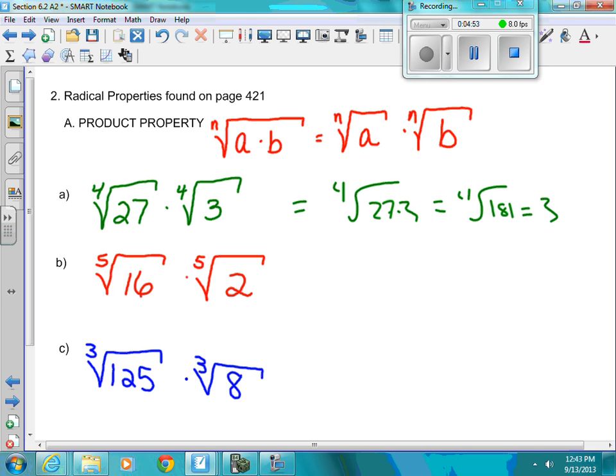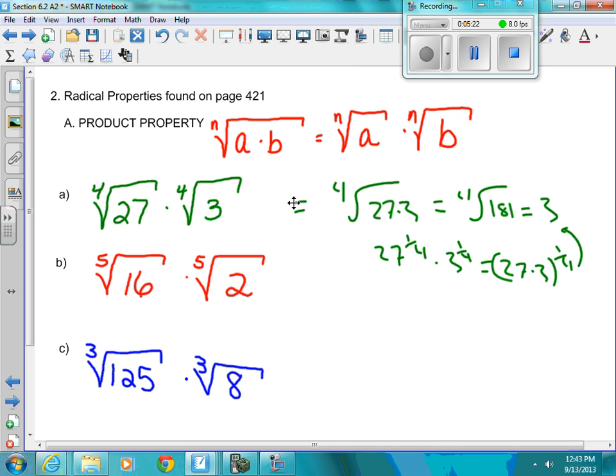There are other ones for you to simplify on your own, but it's the same idea. You could also say 27 to the 1/4 times 3 to the 1/4, which is 27 times 3 to the 1/4, which would give us the same answer. Having these separate properties for radical signs, you can rewrite them as rational exponents and get the same result.